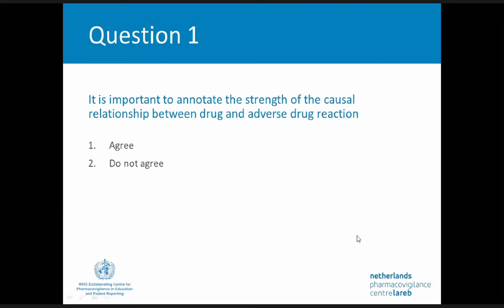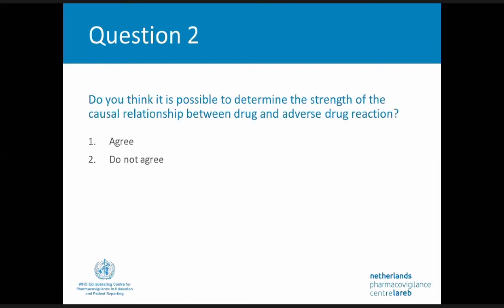So we'll be looking at that today. How do you actually say that this adverse reaction was caused by a drug? And another question you'll be able to answer is, do you think it is possible to determine the strength of a causal relationship between a drug and an adverse drug reaction?